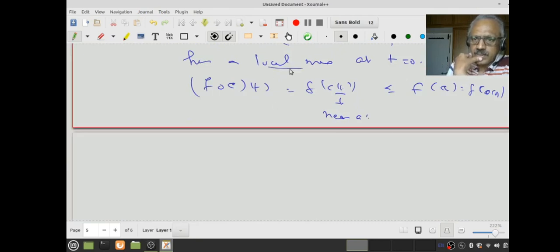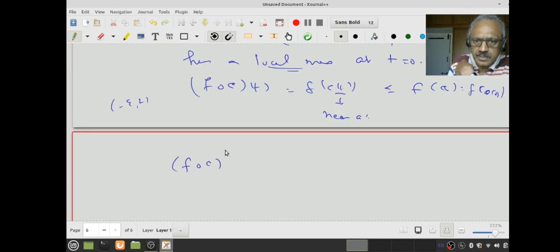Now this is a local maxima, and I am in an open interval with 0 an interior point, therefore I can use the first derivative test. Therefore, the derivative of f composite C at 0 must be 0. But that is the same as df at C of 0 applied to C prime of 0, that must be 0.